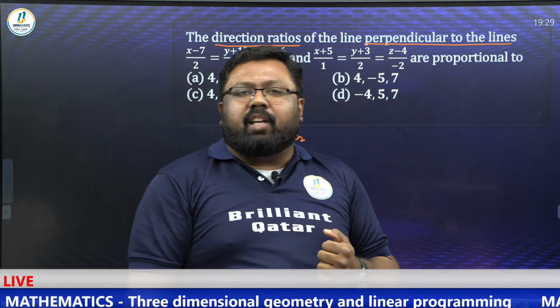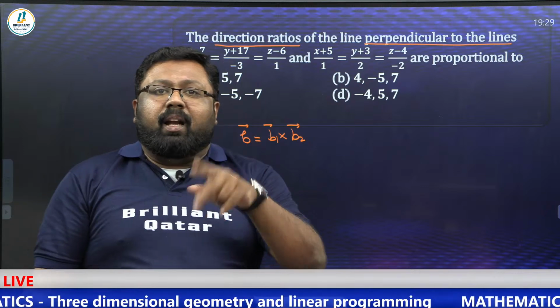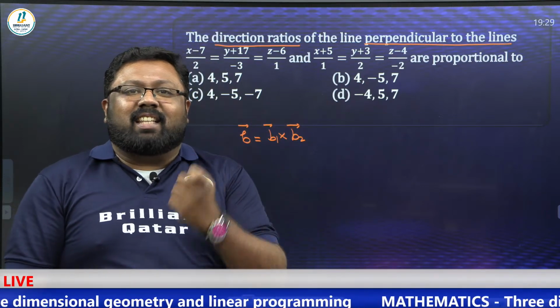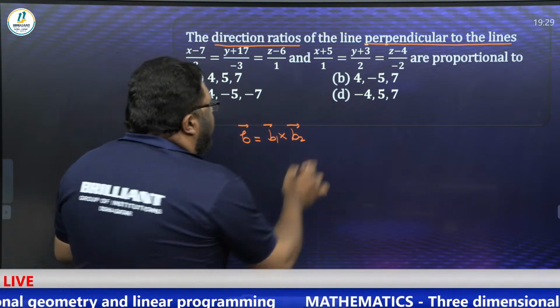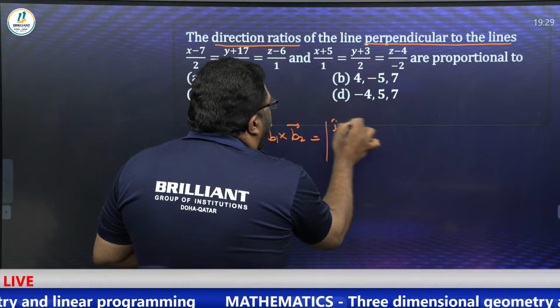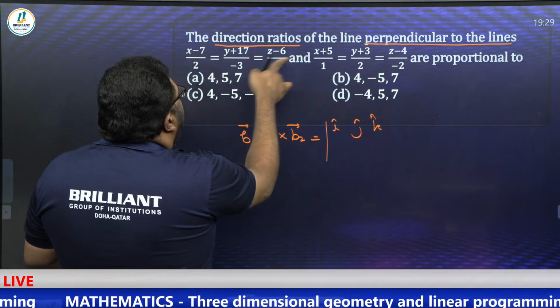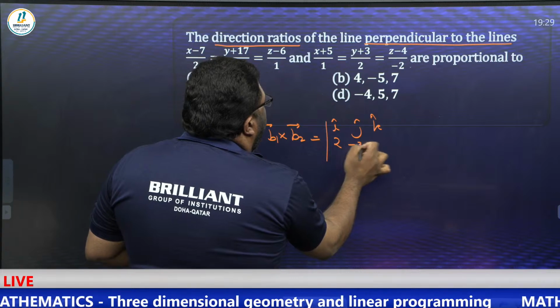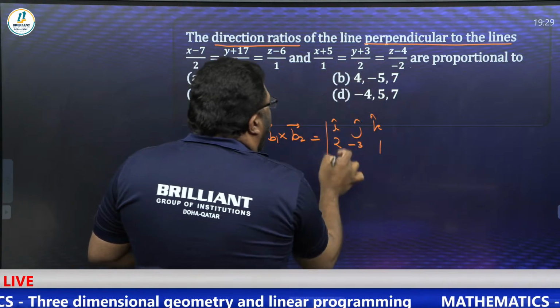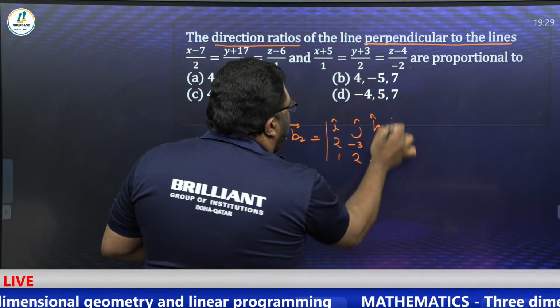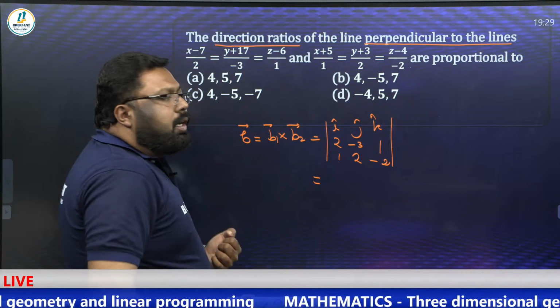How do you find the direction ratios of a line perpendicular to two given lines? Just take the cross product of their direction ratios. How to do that? Determinant i j k. Direction ratios of the first line in standard form: 2, minus 3, 1. Standard form again: 1, 2, minus 2. Get me the DRs quick.